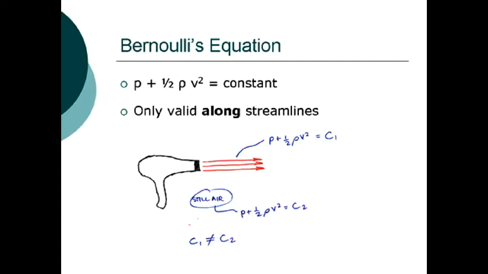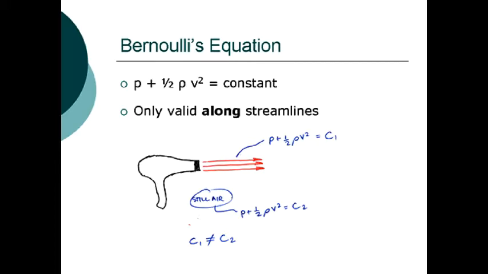Then what you have is streamlines coming out of the hairdryer. Here's your piece of paper. And they go along here like this. And then down here, well, the air doesn't even move, so strictly speaking, there aren't even any streamlines. But even if there were, Bernoulli's equation, P plus half rho V squared, is a constant.